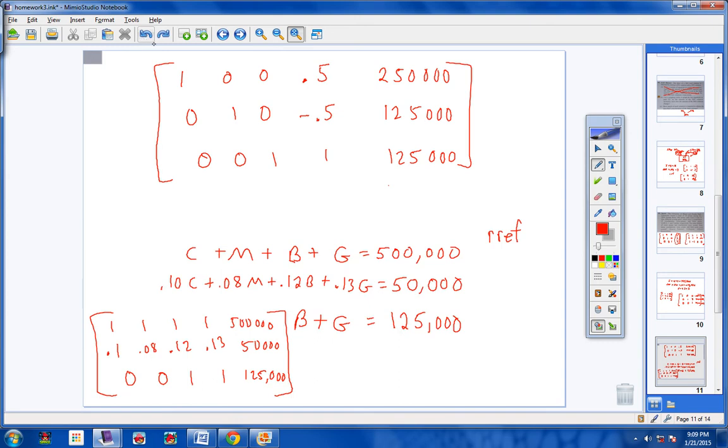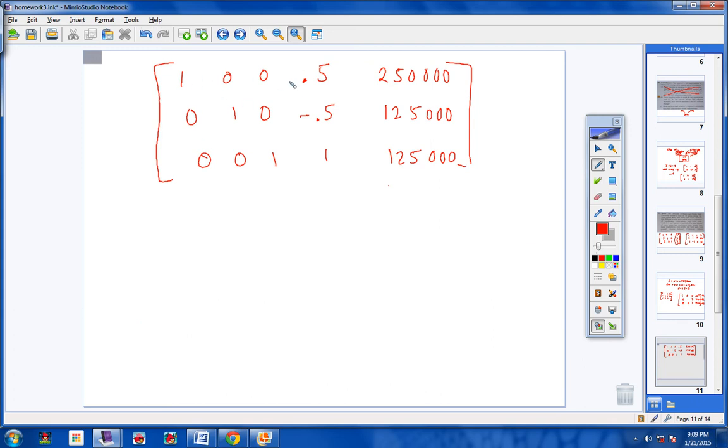Okay, so our first equation, we have C, M, B, and G. This top equation here is 1C plus 0.5G. Remember, this is your C, this is your M, this is your B, this is your G: certificate of deposits, municipal bonds, blue chip stocks, growth stocks. So 1C plus 0.5G equals 250,000.